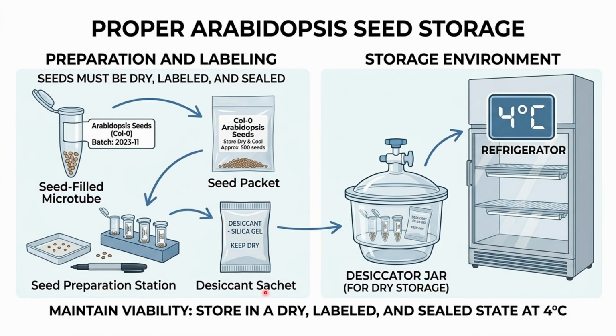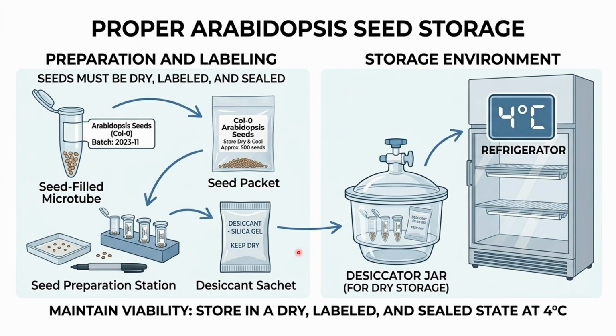Before we begin our experiment, it is very important that we store the Arabidopsis seeds in a proper environment. We need to make sure that the seeds are labeled properly and the year is mentioned. Another important thing is that we should store them in a closed, moisture free environment.